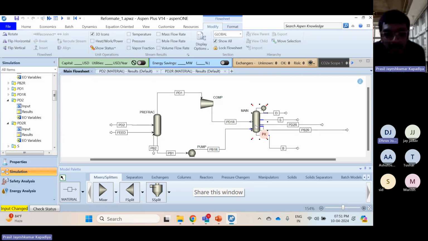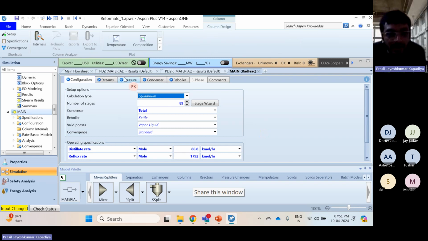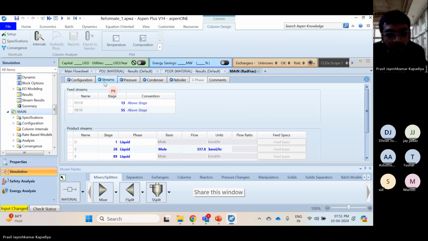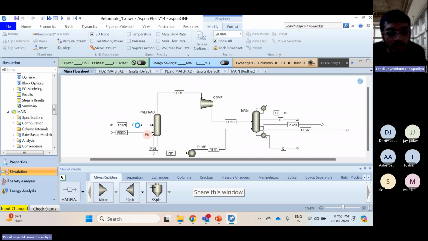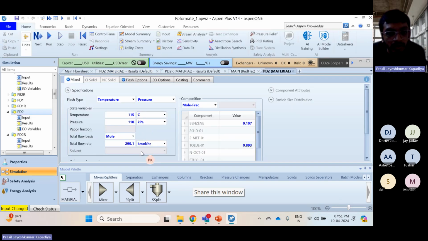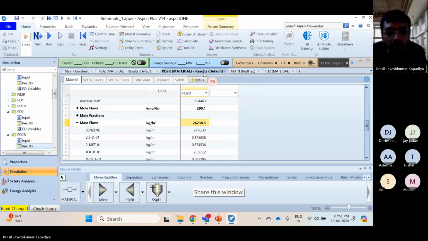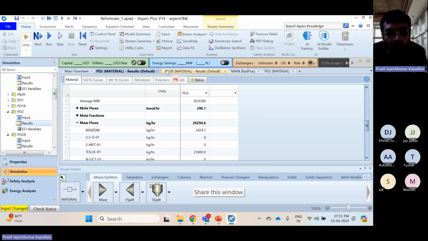Just give me a minute. Let me check here. Did we add 290 point? It is 290.1 kilomole per hour, and here also it is 290.1 kilomole per hour, but we are not getting exact values. Yeah, mole flow rate is correct, 290.1. Okay.